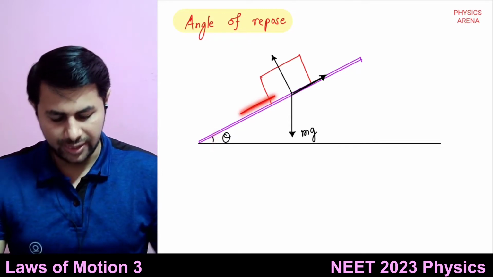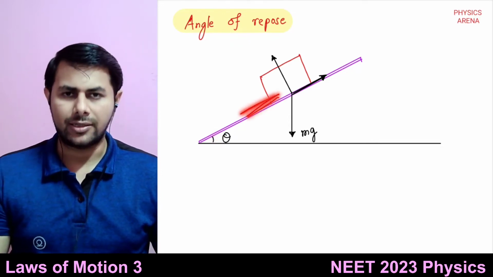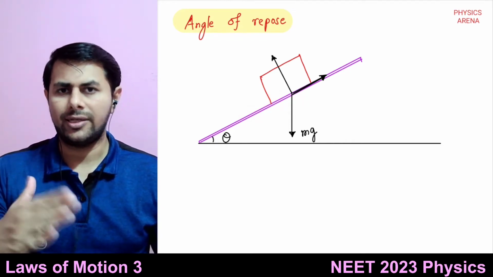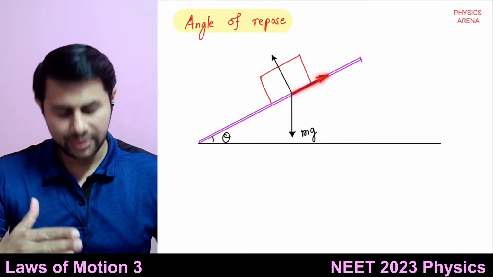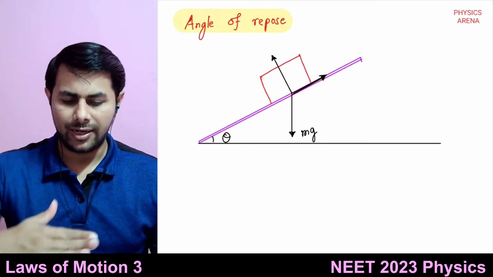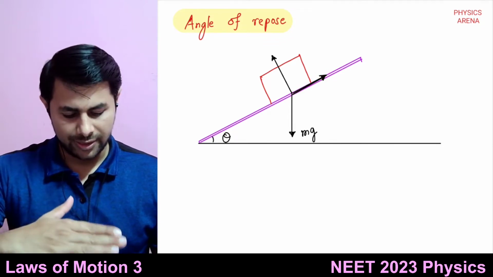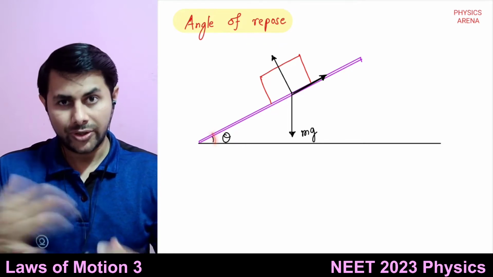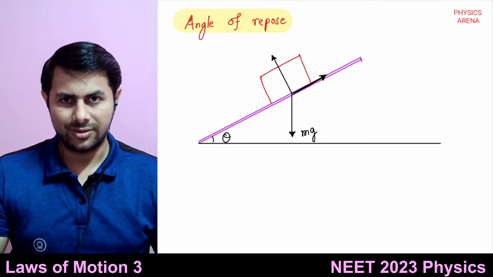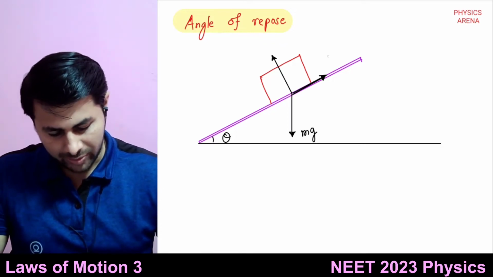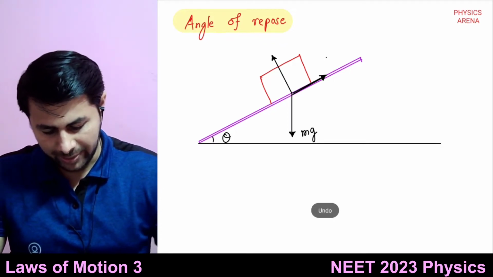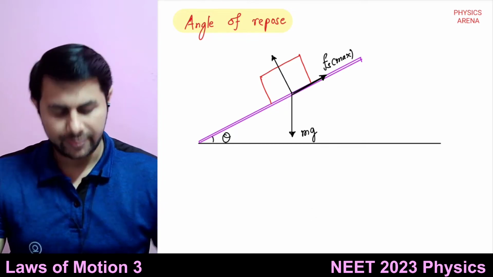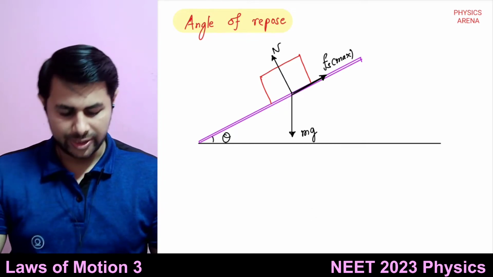This block begins to slide. That means as you are increasing the inclination, this frictional force is increasing, and it has reached its maximum value at this angle. Beyond this value, it cannot increase. Right. So how much is this value? This is fs max. Okay, so this is normal reaction.